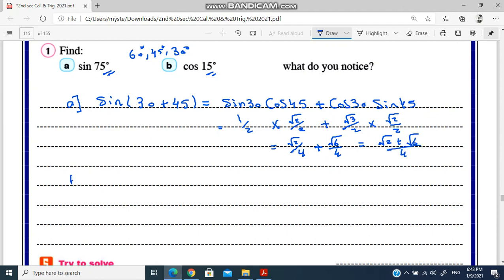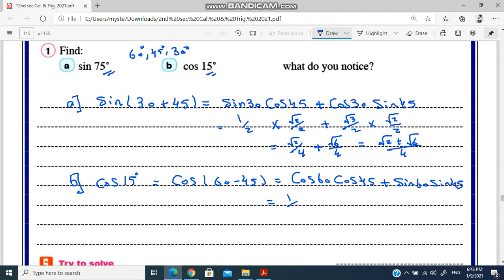The next one, cosine 15. I can get 15 from 60 minus 45 or 45 minus 30. We have two ways. So cosine of 60 minus 45 equals cosine 60 cosine 45 plus, opposite to the sign, sine 60 sine 45.